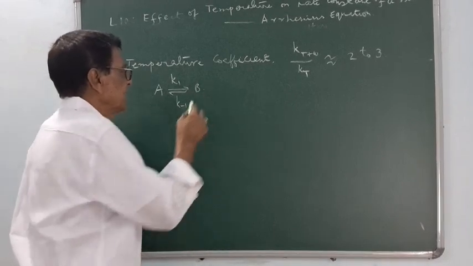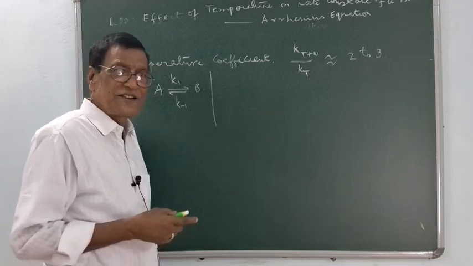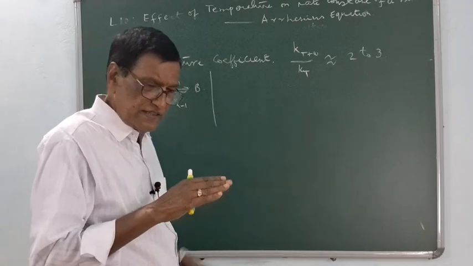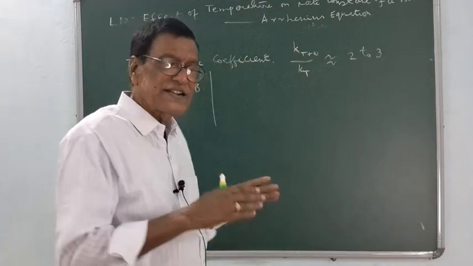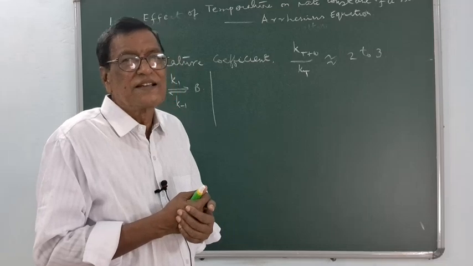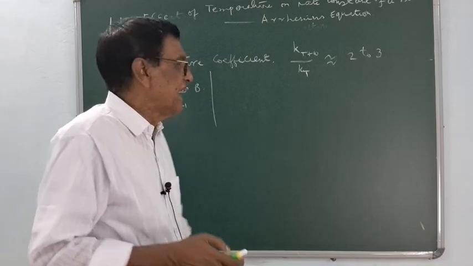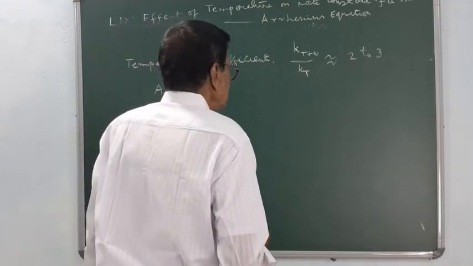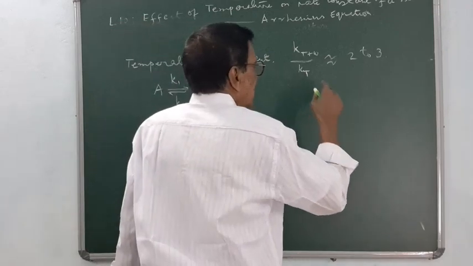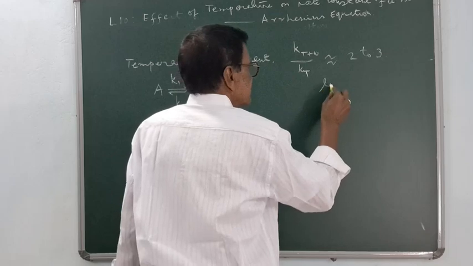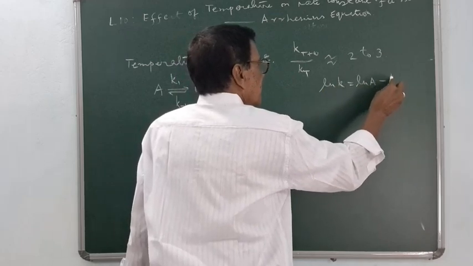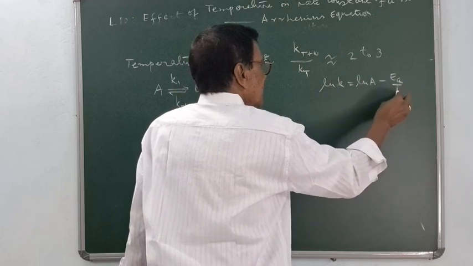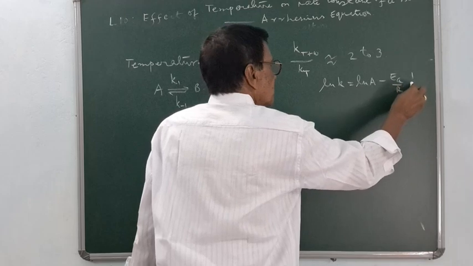And the van't Hoff equation relates the equilibrium constant of this reaction with the temperature. And you see our Arrhenius equation is ln k equal to ln A minus EA by R into 1 by T.